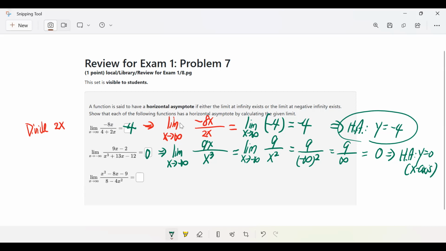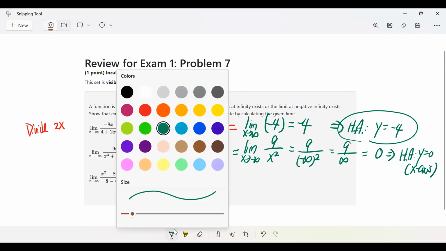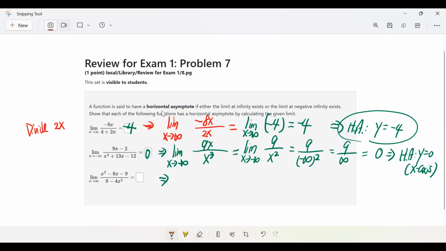Okay. And the third part, similarly, right? Keep the leading term as x approaches positive infinity here. So keep the leading term on both top and bottom. So top is x squared, bottom is negative 4x squared, the leading term with its sign.